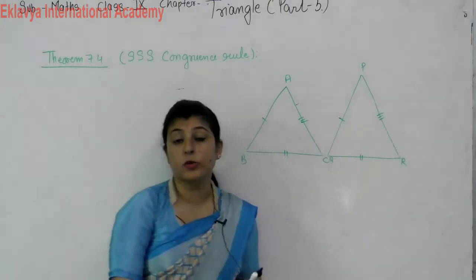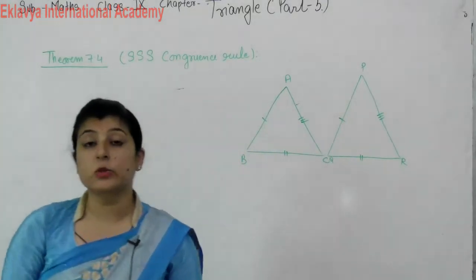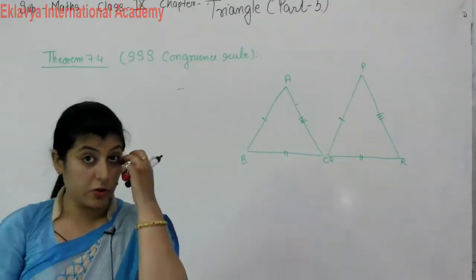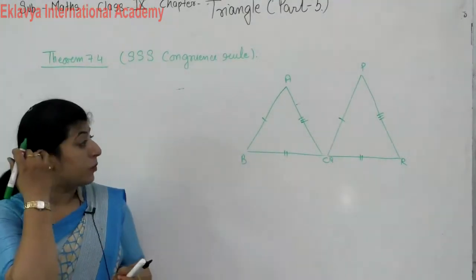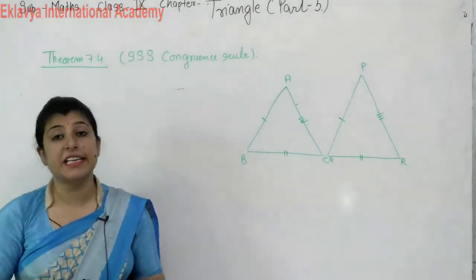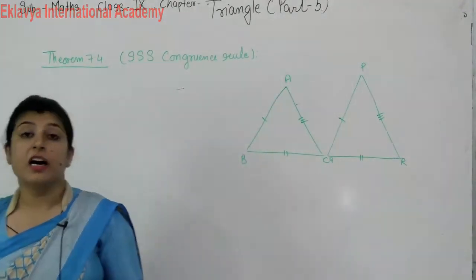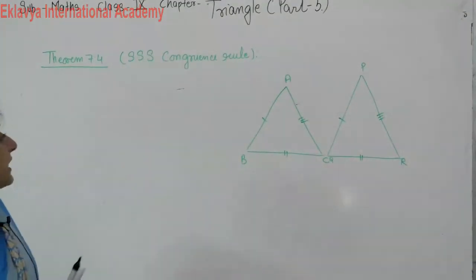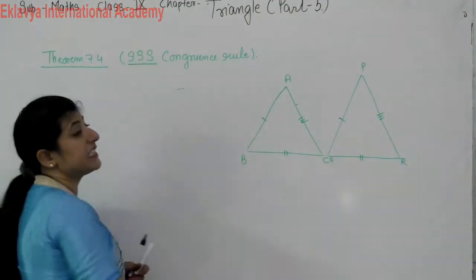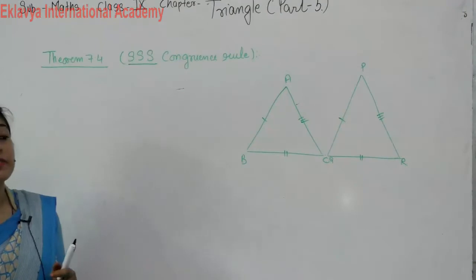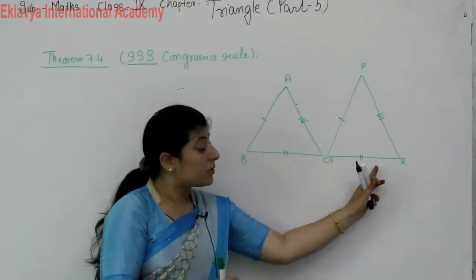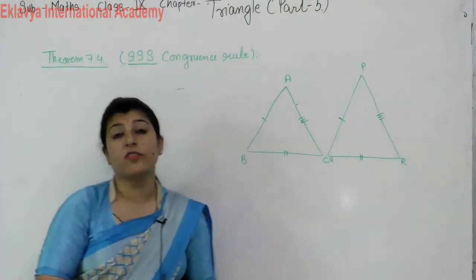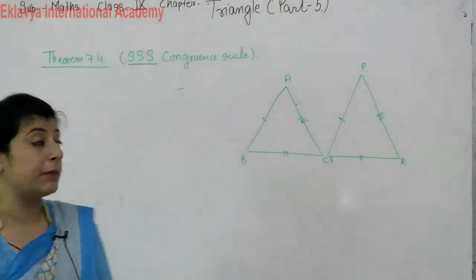It is given to you, then prove that these two triangles are congruent. What we have to prove here? We have to prove that both triangles ABC and PQR are congruent. Triple S means side congruency rule. It means we will compare all the sides of one triangle to the corresponding sides of the other triangle.